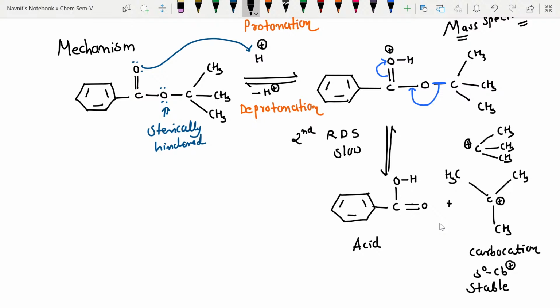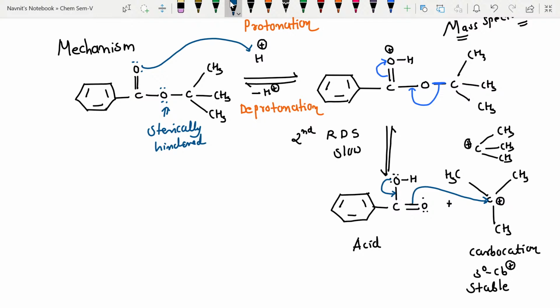What happens in the backward reaction? This lone pair attacks this carbon. Or you can also form it like this when this lone pair comes back. This lone pair now attacks here. So when this electron pair transfers here, this will attack here, and you get this step.